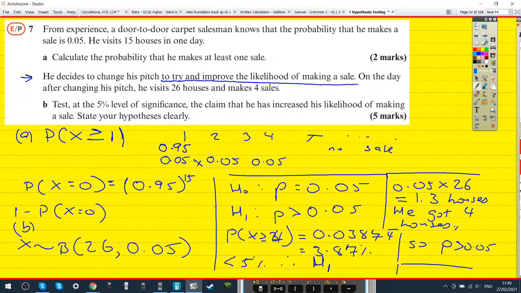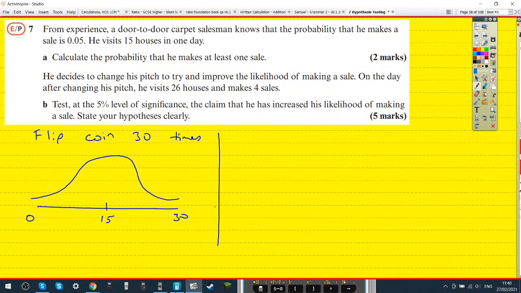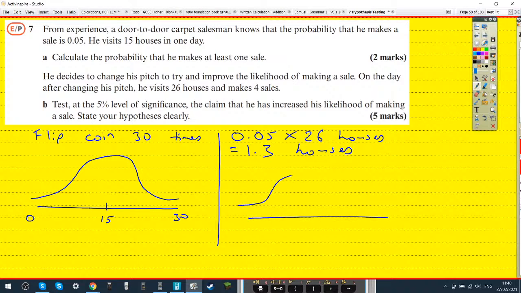For this question, he has a 5% chance, he goes to 26 houses. See, they're using 5%, but it's also the significance level. That's why it's a bit confusing. 5% times 26 houses equals 1.3 houses.